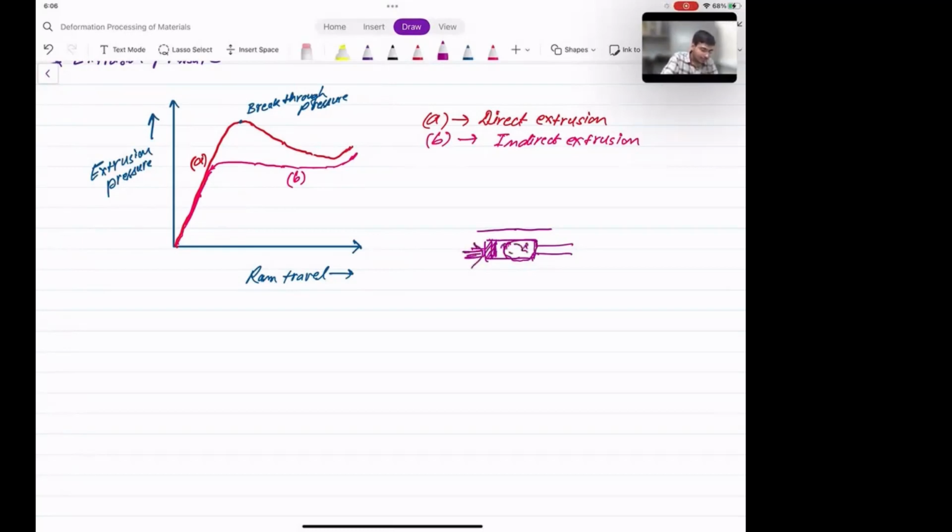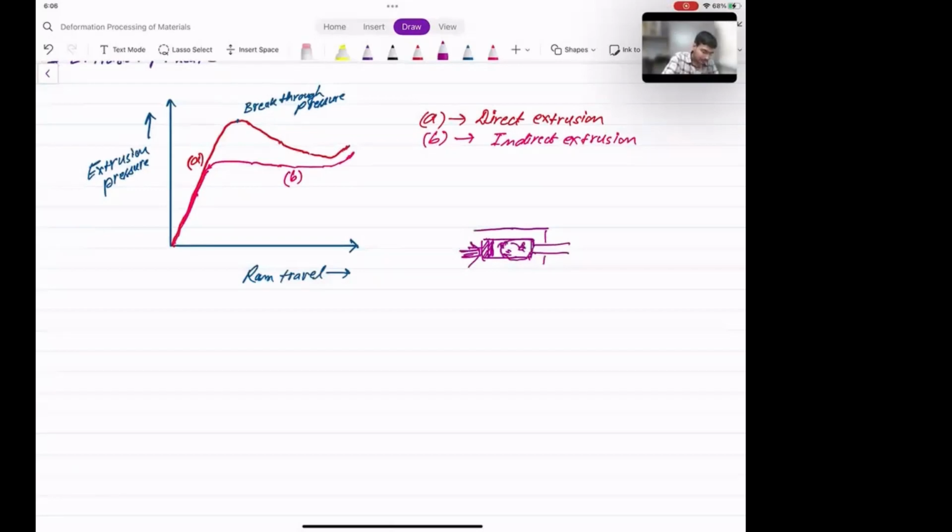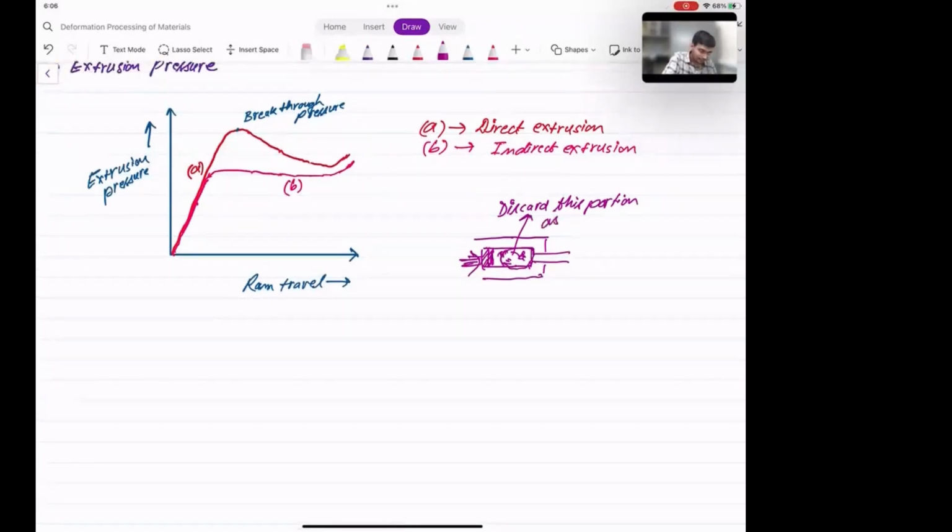This particular section is now full of defects, so this portion is discarded, because very high stress, very high pressure, is needed to extrude it.